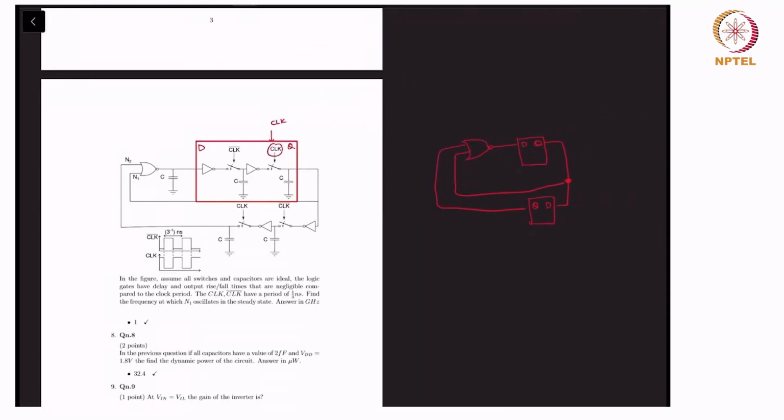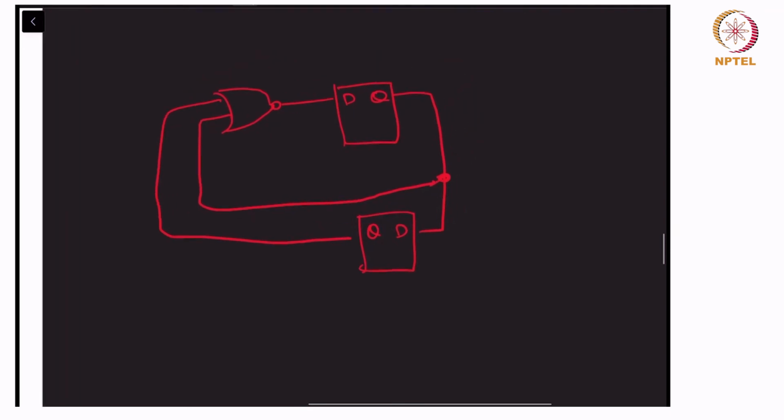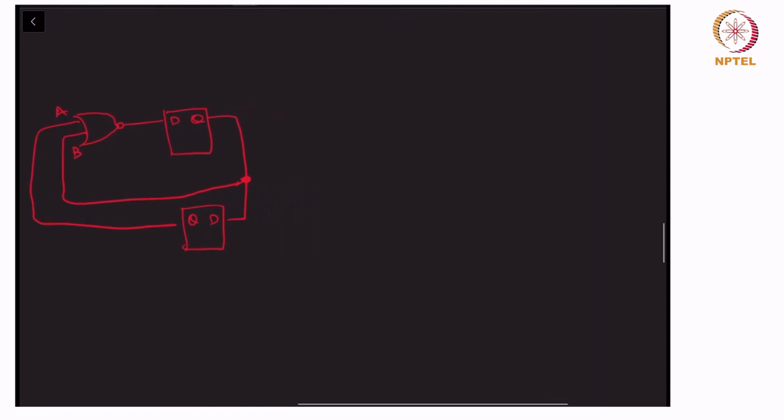So now let's assume that this is essentially a state machine and we need to work this out carefully. So we'll call this A and B, right, as the inputs to the NOR gate, which are also the outputs of the flops, state variables A and B.